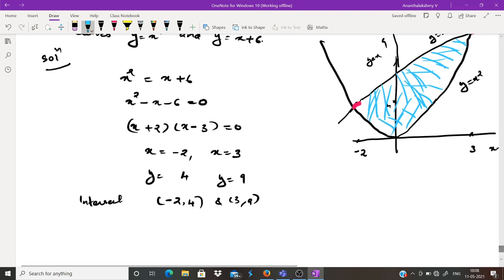The functions are given as y equal to f of x, a continuous function, that is, y as a function of x. So how to find the area of that region? I think you will already be familiar with this.